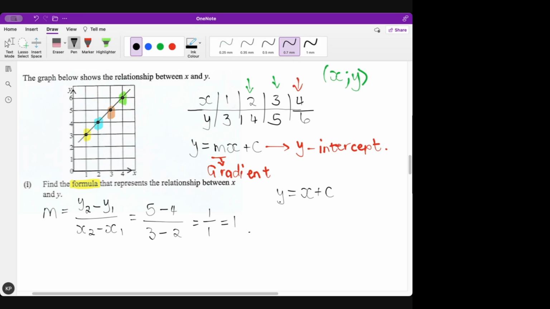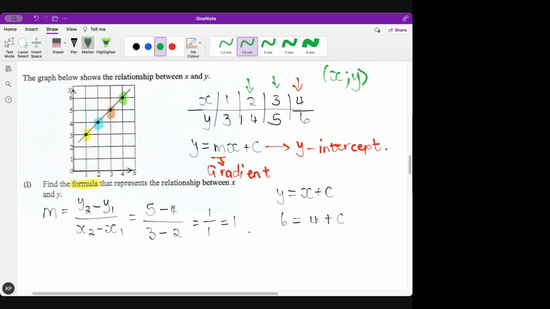So where I have y, what am I going to substitute? If I'm using the final coordinates over here, then in y I substitute 6 is equal to, my x is 4, plus c.